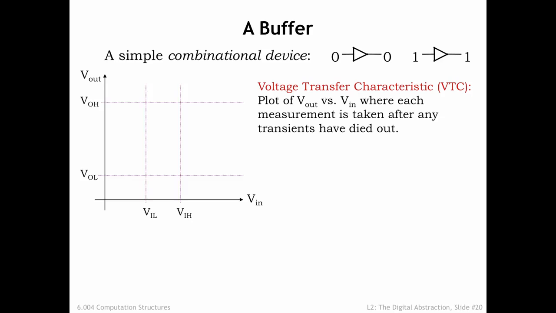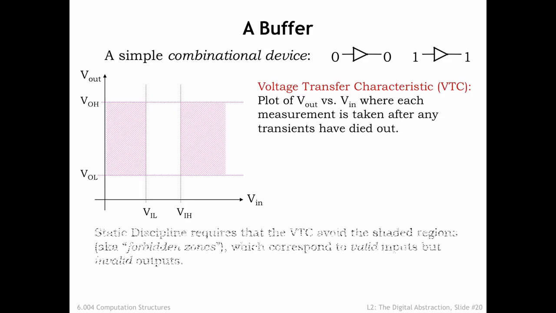Before we start plotting points, note that the static discipline constrains what the voltage transfer characteristic must look like for any combinational device. If we wait for the propagation delay of the device, the measured output voltage must be a valid digital value if the input voltage is a valid digital value. Valid in, valid out.